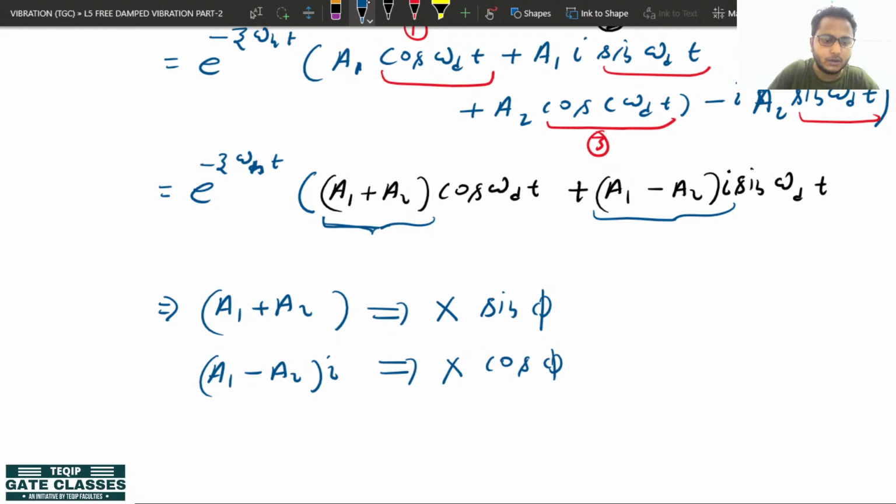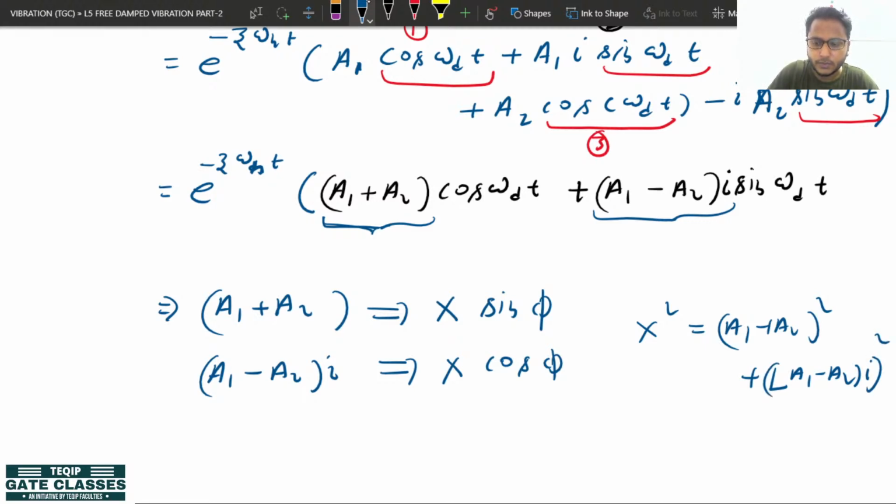Okay, we can find the values of a1 and a2 by simplifying these equations, because if we square both equations and add them, we will get X square on the right side, equal to a1 plus a2 whole square plus a1 minus a2 multiplied by i whole square. Okay, so we can find the value of X also.